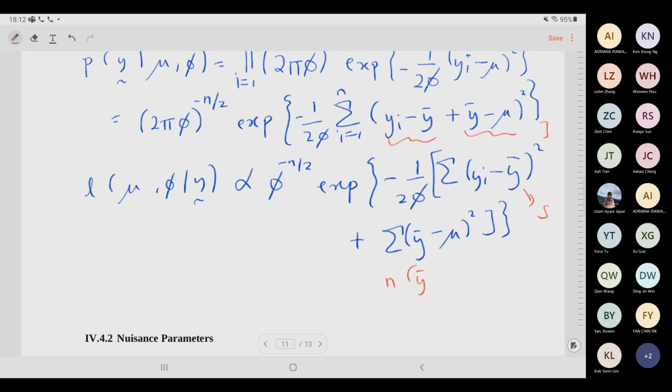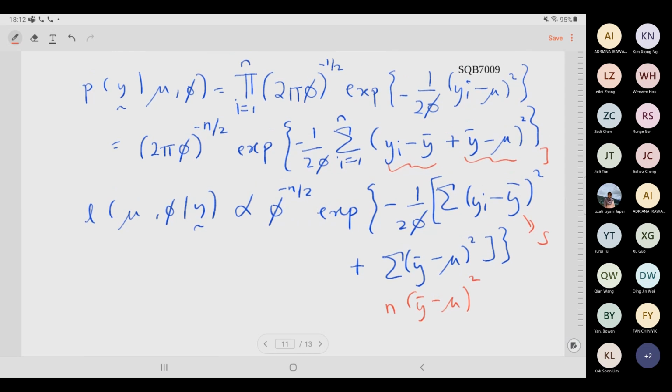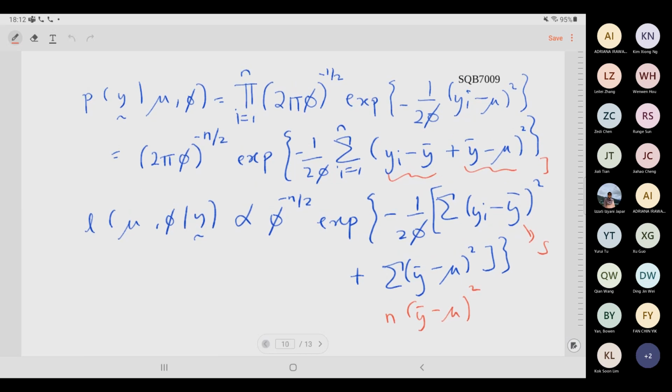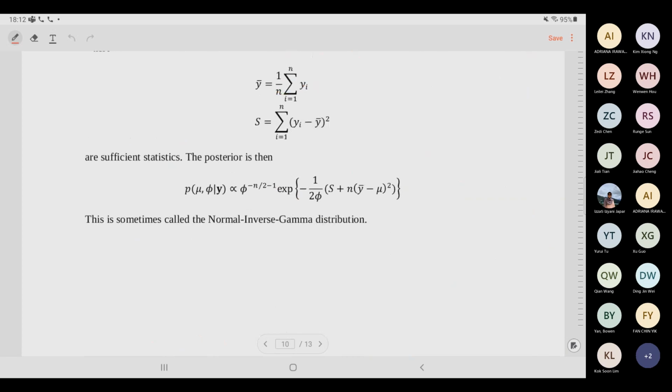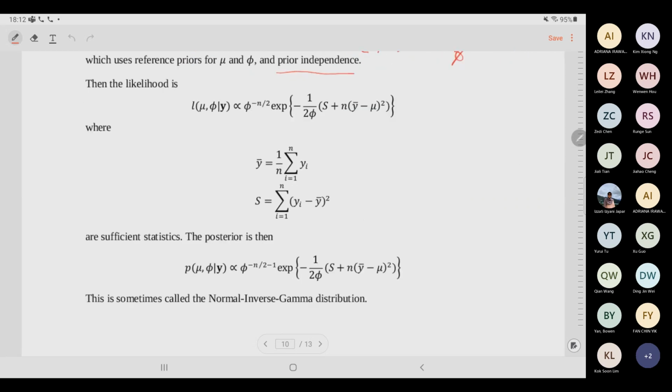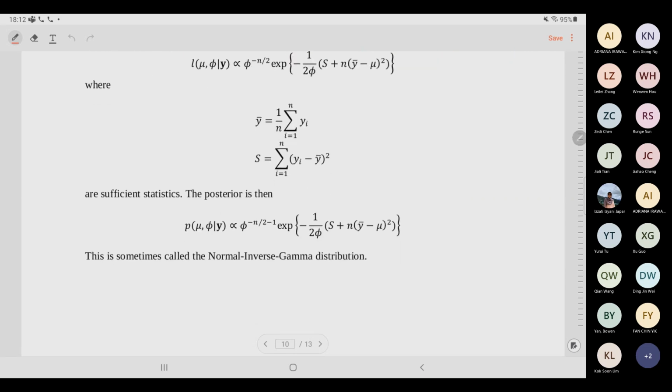After you simplify, you get n times (y bar minus mu). So this is the S, this is the n times (y bar minus mu) squared. Okay, so that's how you get your likelihood, right? And then as you can see, you multiply with your prior, which is 1 over phi, and then you get this posterior, right?